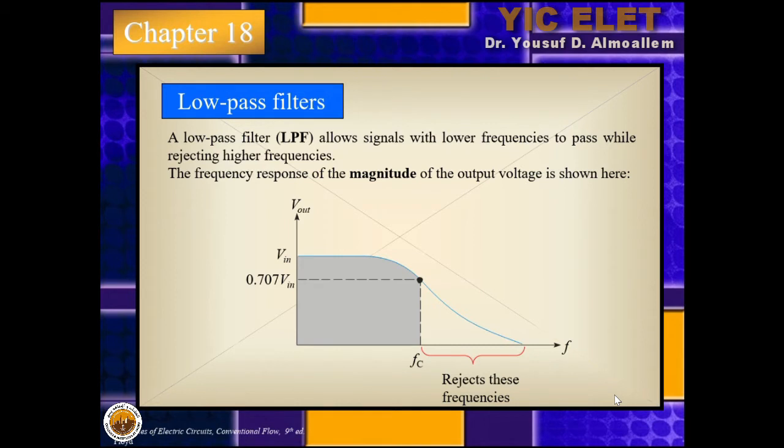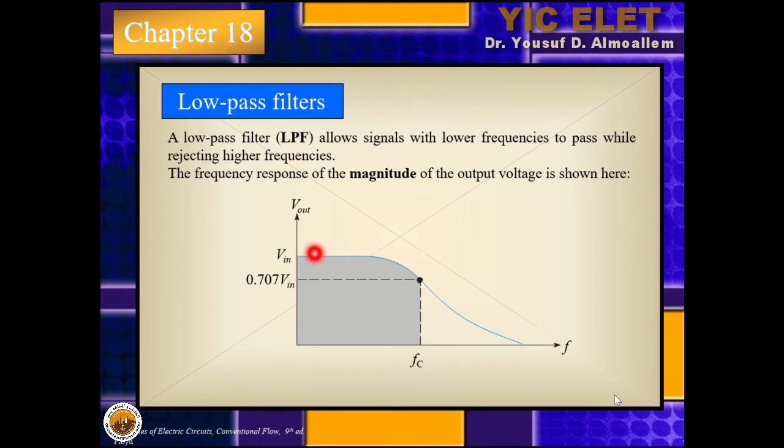So simply, the critical point or the checkpoint for us is the FC. Whatever is below FC will be passed, whatever is after FC will be rejected. Actually, this plot here shows how the output voltage behaves as the frequencies change. So now the magnitude of this voltage is almost equal to the magnitude of the input voltage.